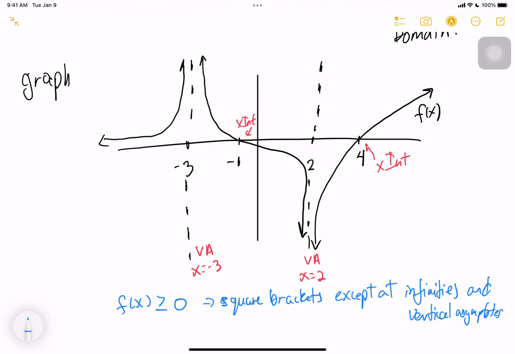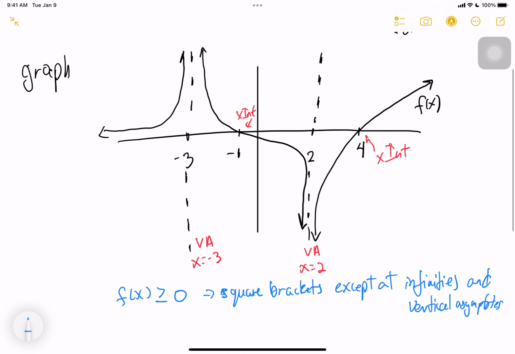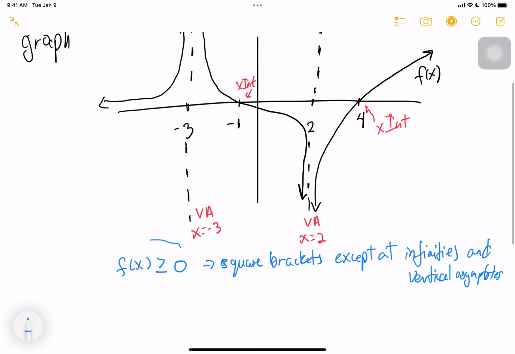Again, to be more precise, it should be at where there are holes in the domain. Or, in other words, whenever the domain doesn't exist, you have to use parentheses instead of a square bracket. But anyways, f of x greater than 0 right here indicates that the function is positive.